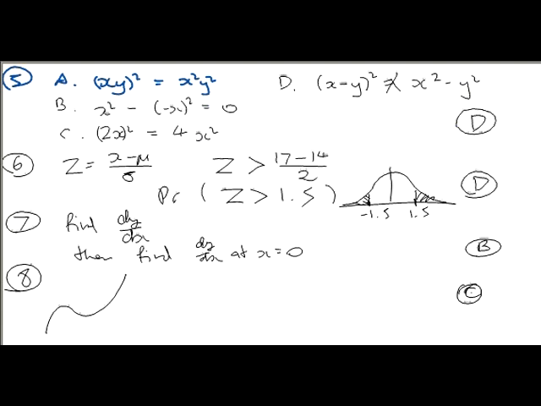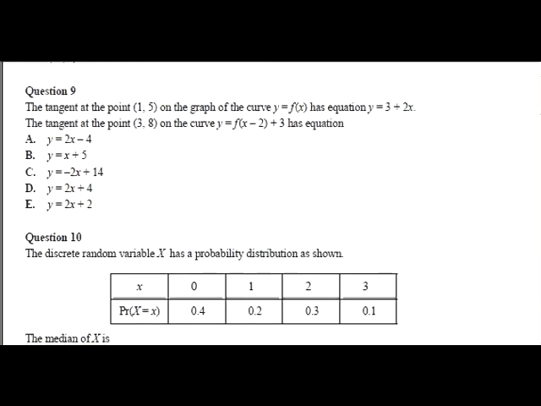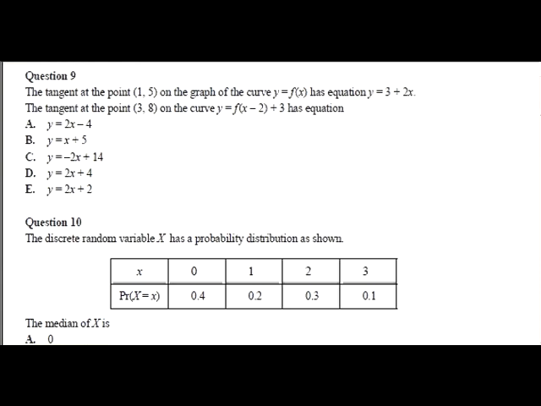Question 9. Tangent. A tangent at some point has this equation. Now, what's the new equation of the tangent if you move this curve? Well, find out the translations.